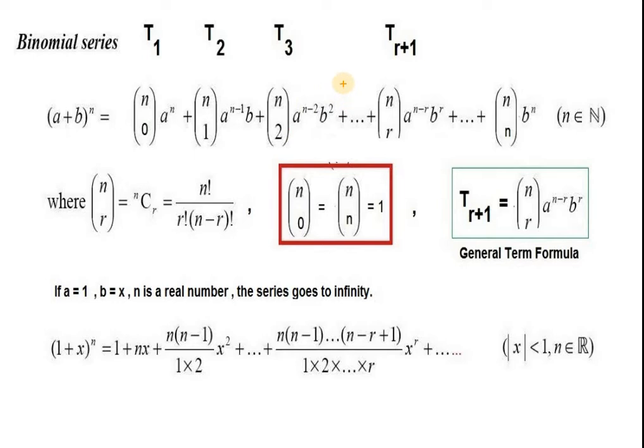Here, for the next term, we can write a product of 3 factors, n into (n minus 1) into (n minus 2), divided by 3 factorial, and we will write x cube, and in this way we can complete the binomial series. So remember this form of the binomial series as well as the other form of the binomial series.